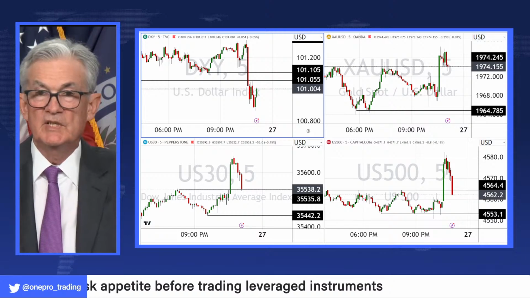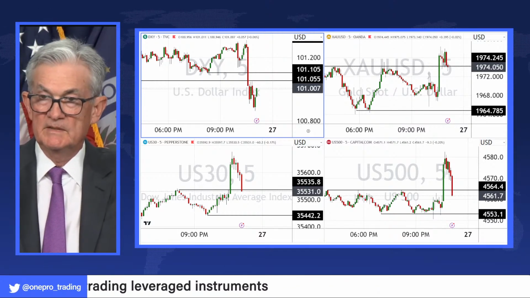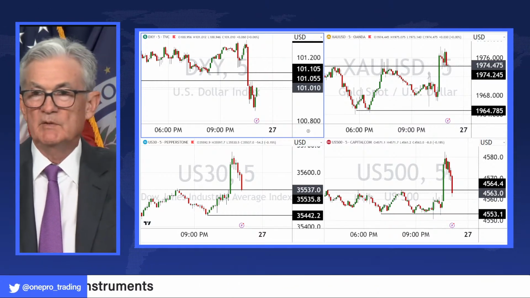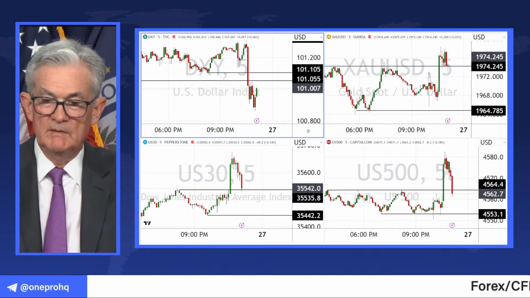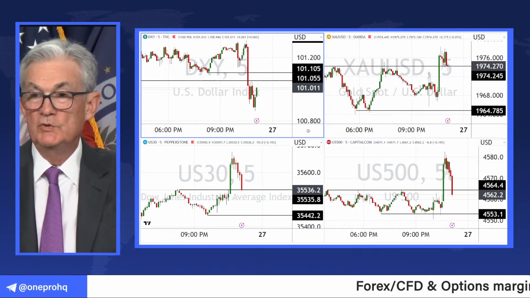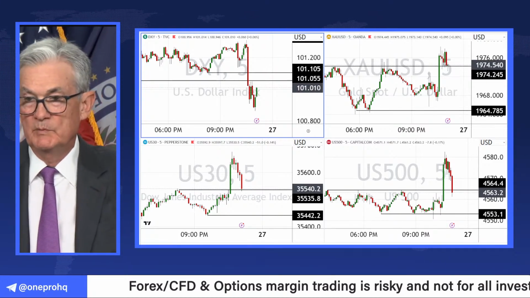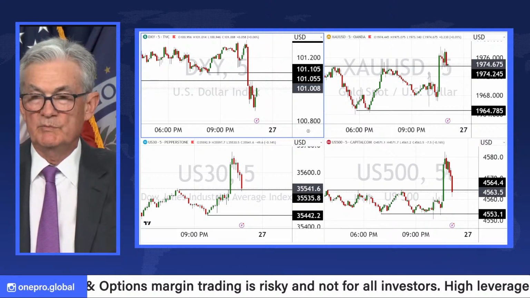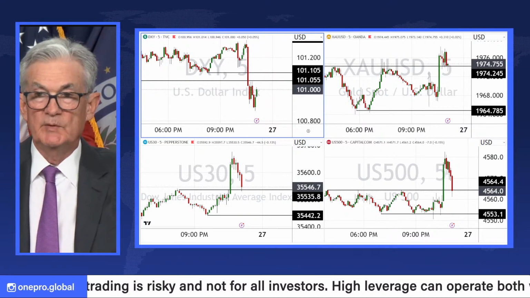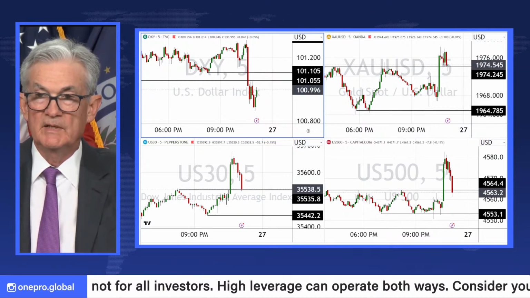So if we see inflation coming down credibly, sustainably, then we don't need to be at a restrictive level anymore. We can move back to a neutral level, and then below a neutral level at a certain point. I think we of course would be very careful about that. We'd really want to be sure that inflation is coming down in a sustainable level.